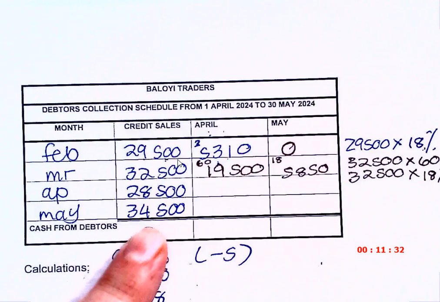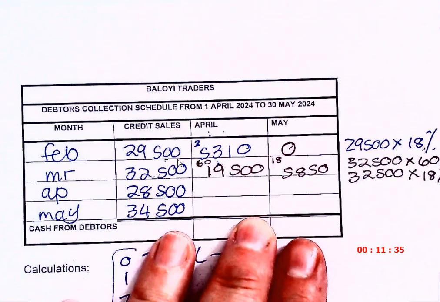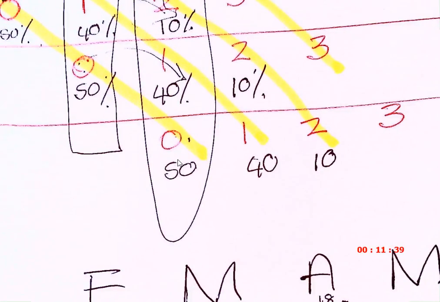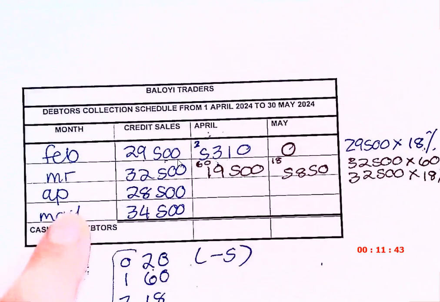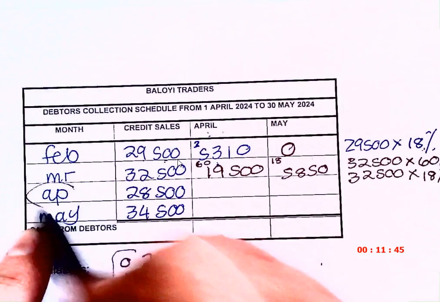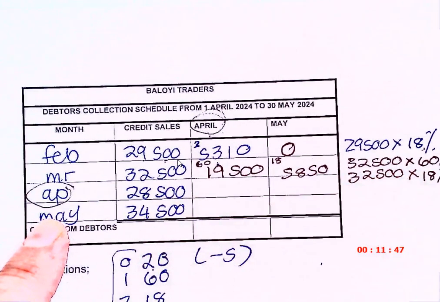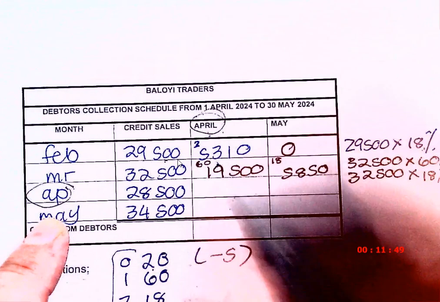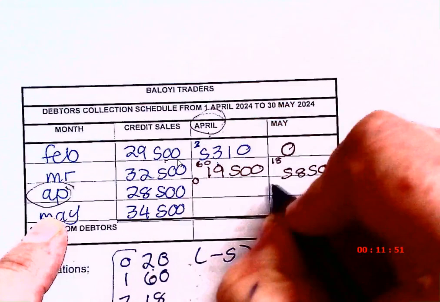Will you be comfortable if I start numbering here instead of having to go back here? Let's try. So April is 0. Can you see here's April and there's April. So April is 0. May is 1.